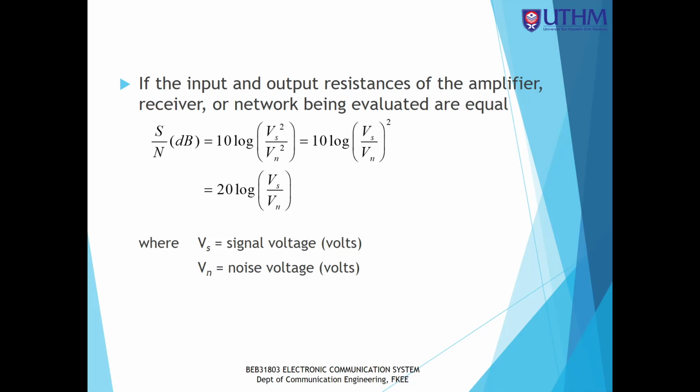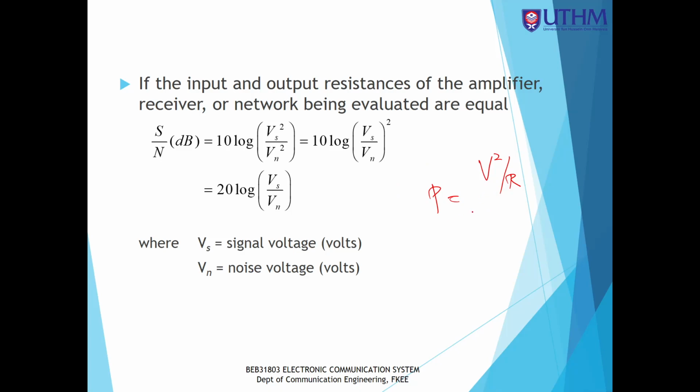And then we can also calculate based on the voltage ratio. Okay, so 10 log Vs square over Vn square. Remember that power is equal to V square over R. V square RMS divided with R. So this is Ohm's law.